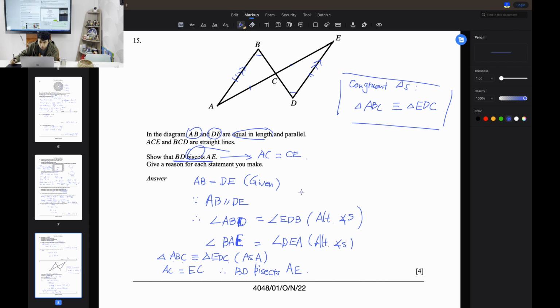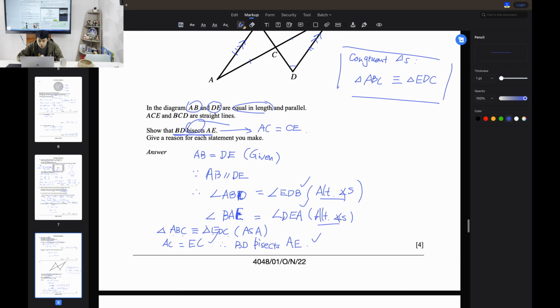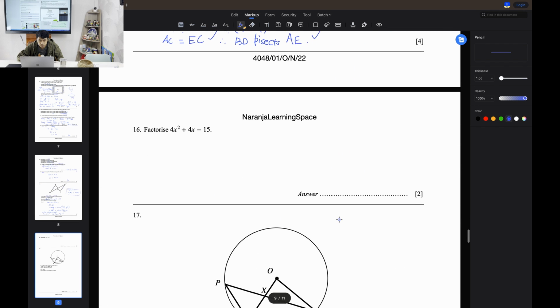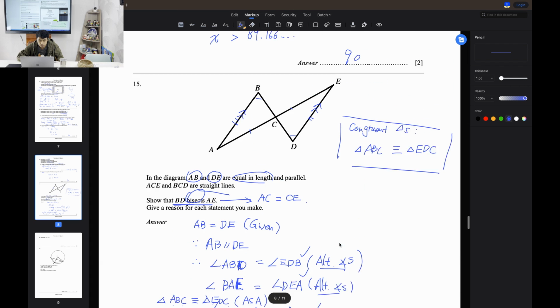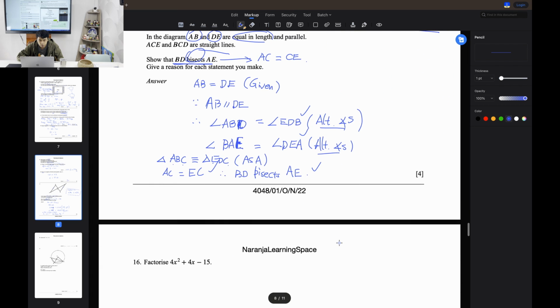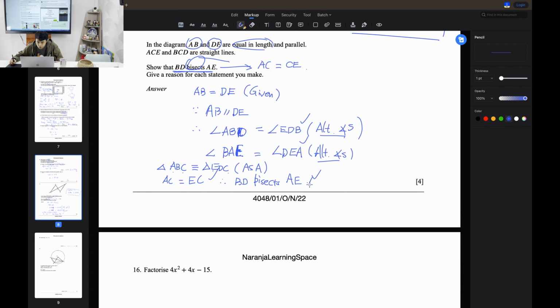I think probably this mark and this mark are given for the answer. Of course this one will be given with the reason. If there is no reason given, most likely you will be deducted marks. Okay, bracket shown. All right.